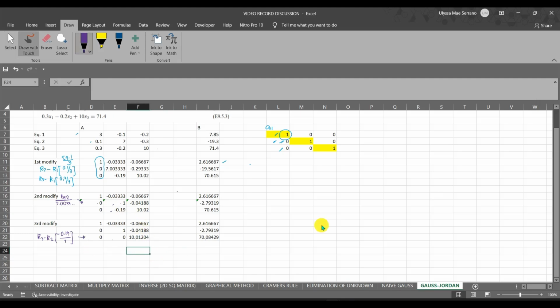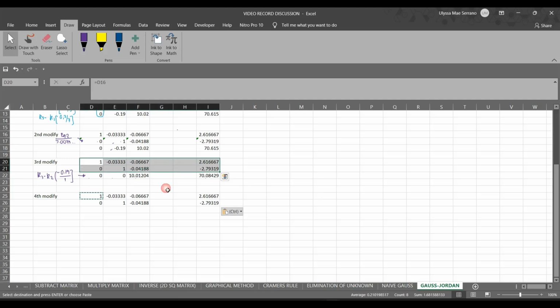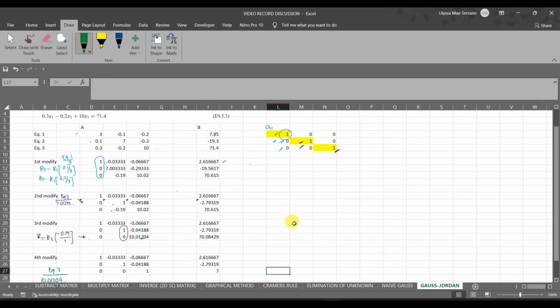So for our fourth modify, copy the first and second, the revised linear equations. And we're going to normalize the third equation. Equation 3 divided by 10.01204. Equation 3 divided by this particular data, dollar sign, copying, and we were able to normalize this equation.